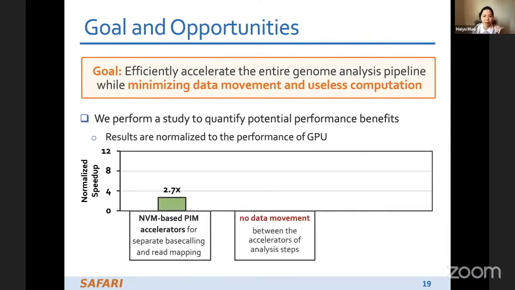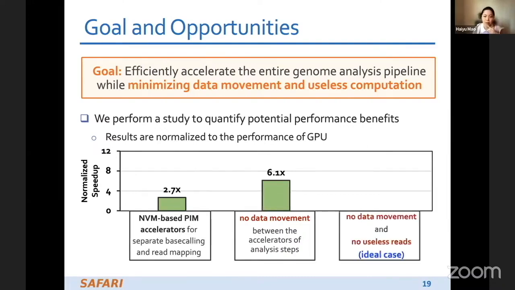Second, we assume there's no data movement between these two accelerators, which can achieve 6.1 times speedup. Third, we assume there's no data movement and no useless reads, which is the ideal case, and can achieve up to 9 times speedup over GPU.